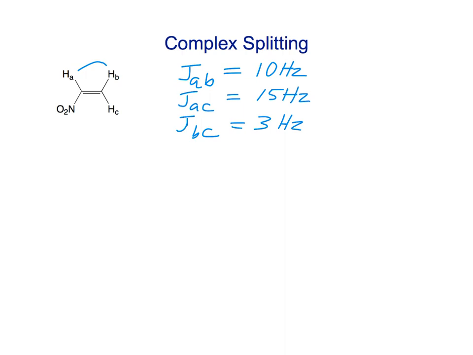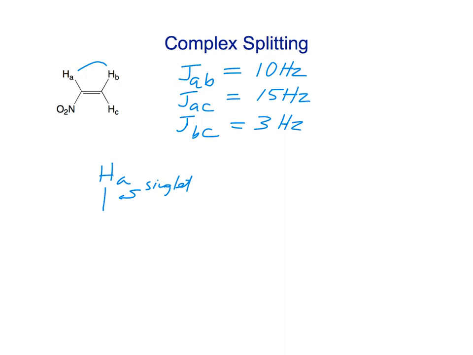All right, so the way that we draw these is we draw kind of a tree, a splitting tree. It's kind of like a genealogy tree or something like that. So let's draw what the peak would be like for HA. What we do is we start with a singlet. That would be what that signal would be with no splitting at all. So I'm just going to start here with a single line. Here would be just a singlet.